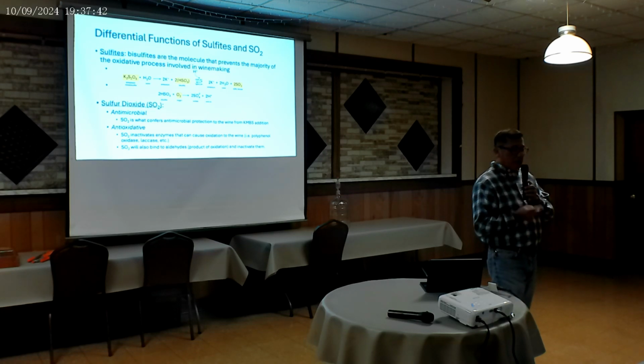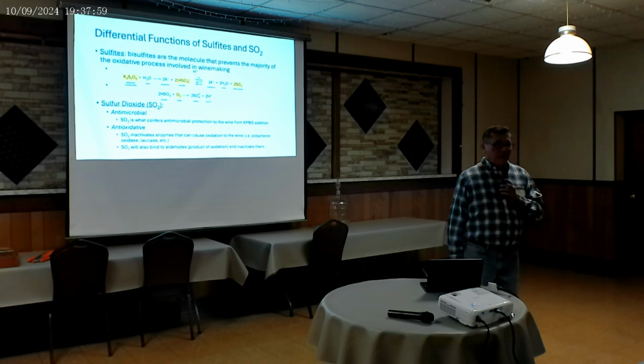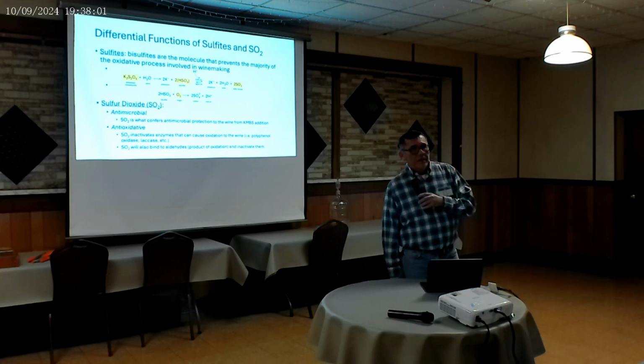And acetaldehyde is the product of two things: yeast metabolism of glucose through an oxidative process, or oxidation of ethanol in your wine, which would give rise to acetaldehyde. So those are the results of oxidation, and sulfur dioxide can come in after the fact and neutralize that oxidative effect.